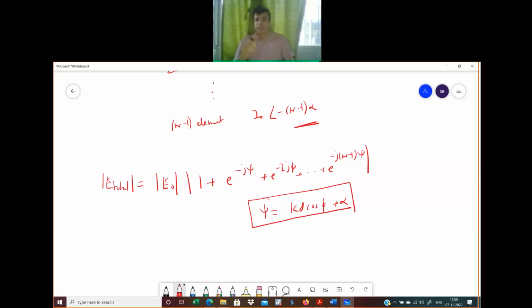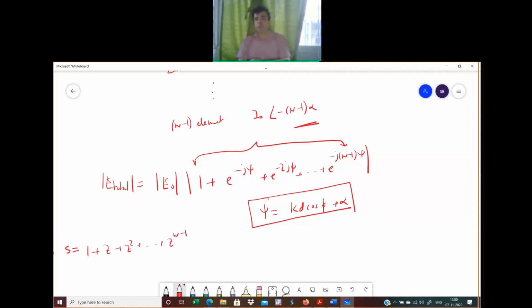Okay. This is a GP series. Remember from high school, the sum of a GP series. So the sum of 1 plus z plus z square up to z to the power n minus 1. What is the sum of this quantity? This you have learned in school.